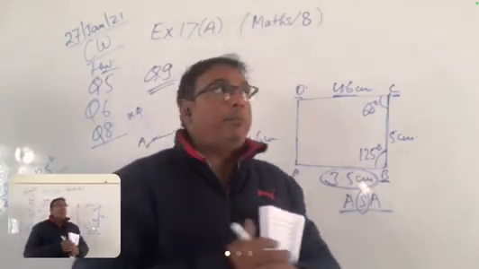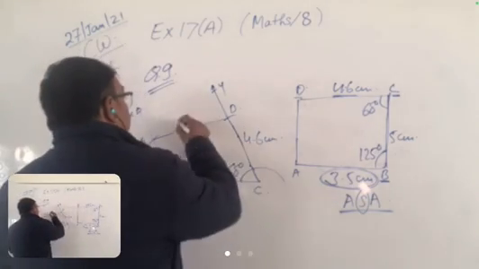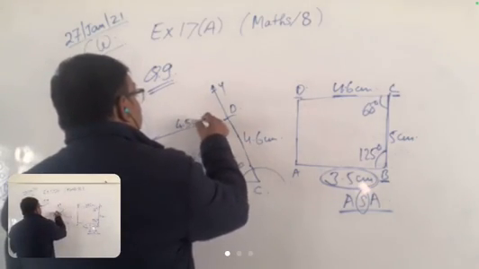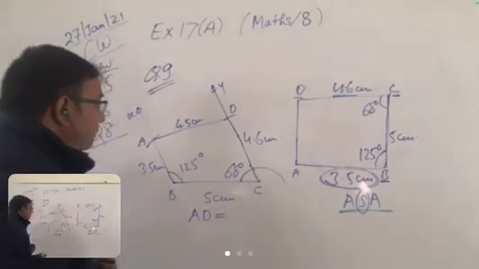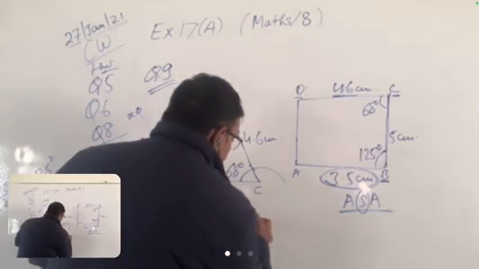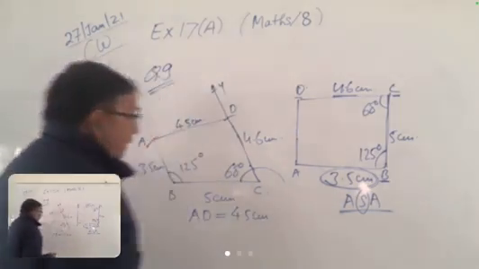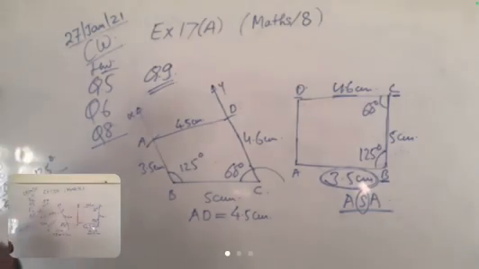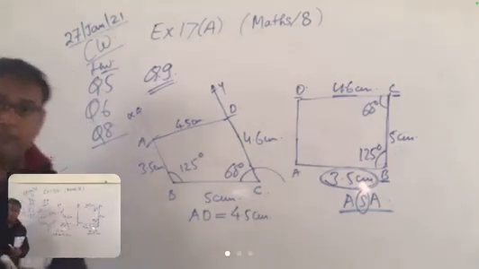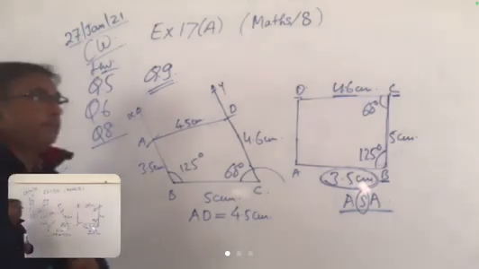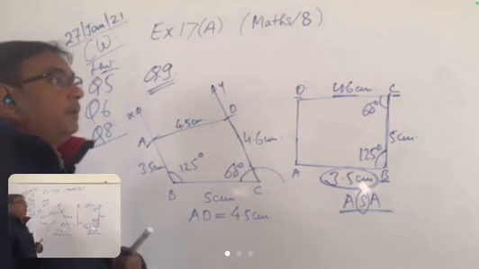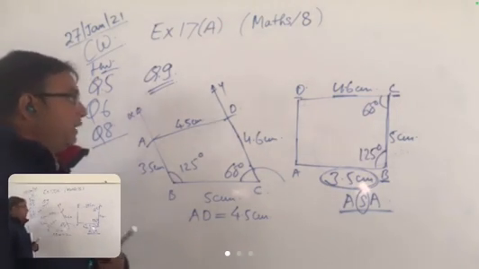Now Shivani, what is the length of AD? 4.5. Okay, and Saksham, what is the length of AD? 4.7. It's okay, no problem.